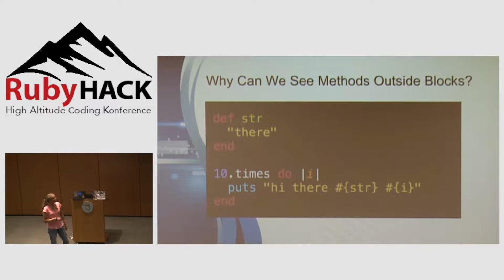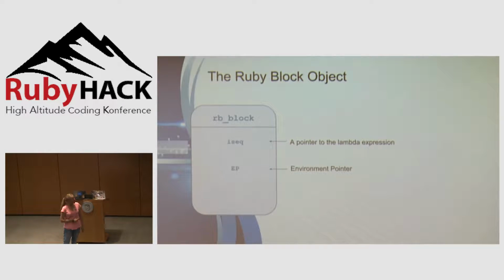And to understand how this works, we need to take a look at the Ruby block object again. So here it is with its environment pointers. And it turns out this block object has another really important property called the self property. This self property gets set to whatever object was active when the block was created.